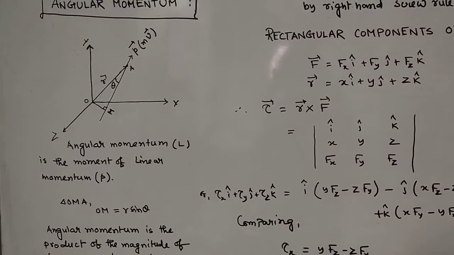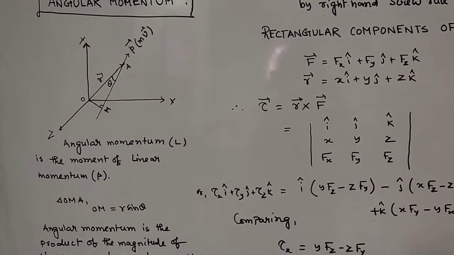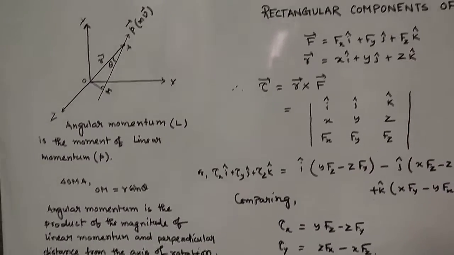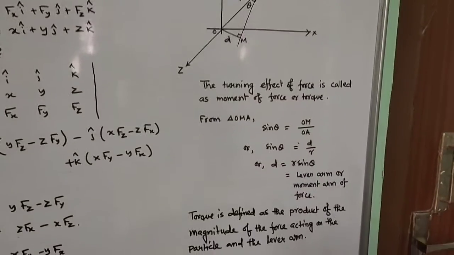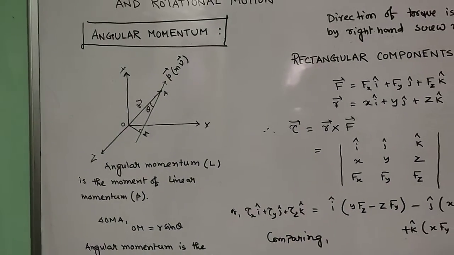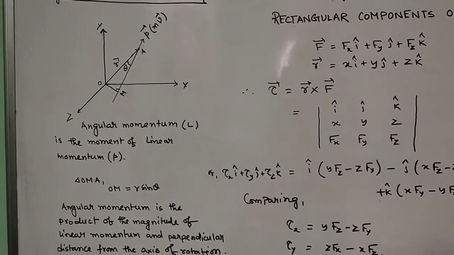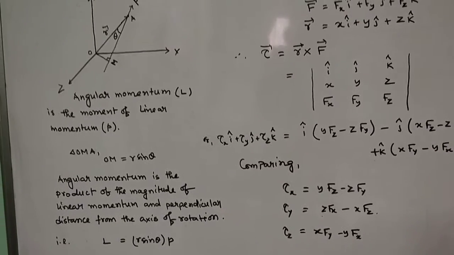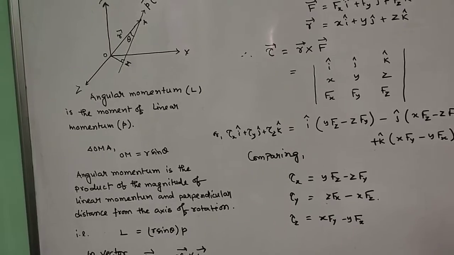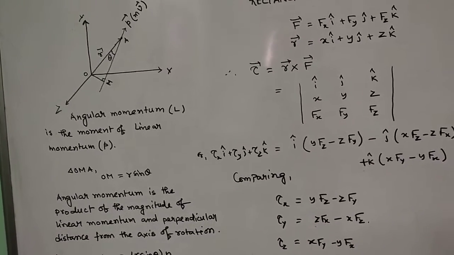If you consider the triangle OMA, OM equals r sin theta. That part we are not writing in detail because it is already specified how it comes, so we have written it directly here. As per the definition, angular momentum is the product of the magnitude of linear momentum and the perpendicular distance from the axis of rotation.